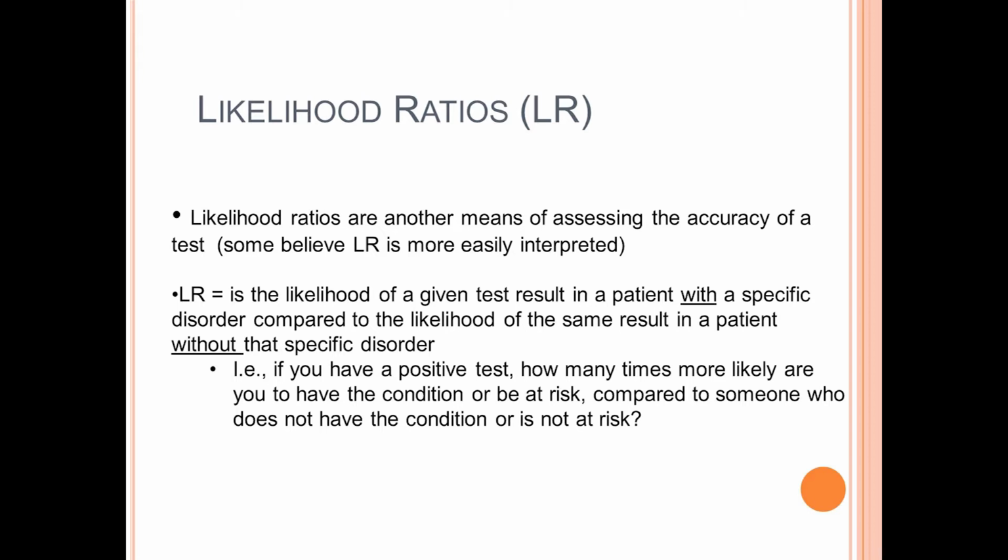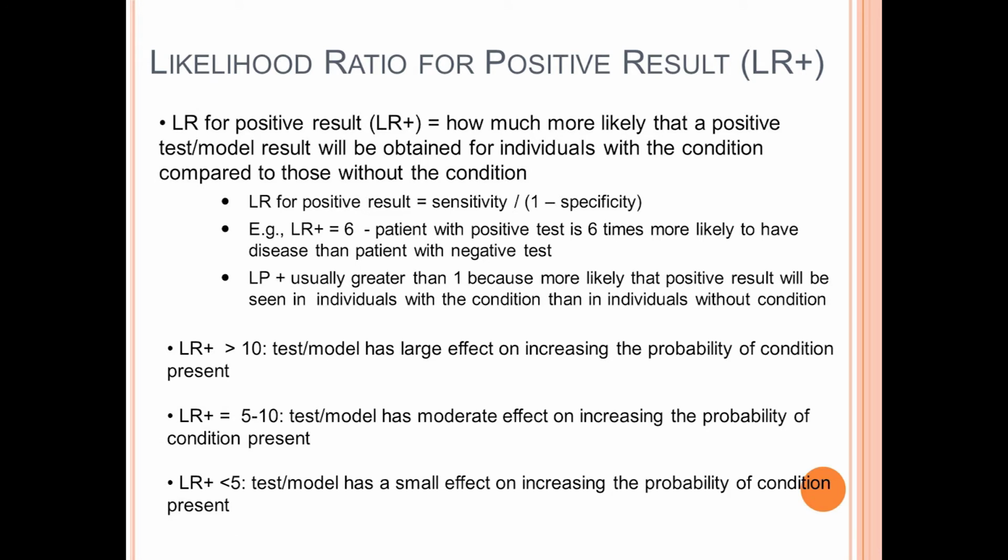So we talk about likelihood for a positive result or likelihood for a negative result. The likelihood for a positive result, again, is how much more likely it is that a positive result will be obtained for individuals with the condition. It is calculated as sensitivity divided by the false positive rate.